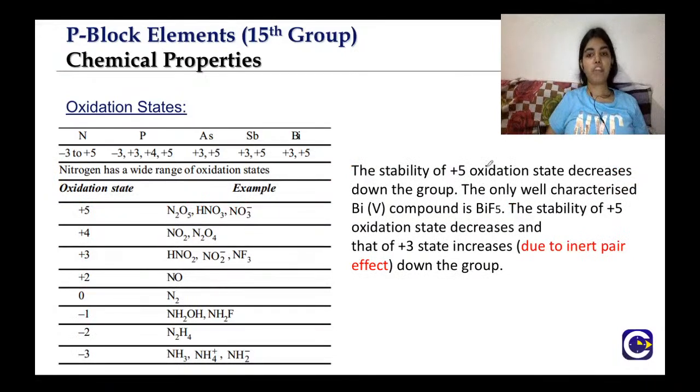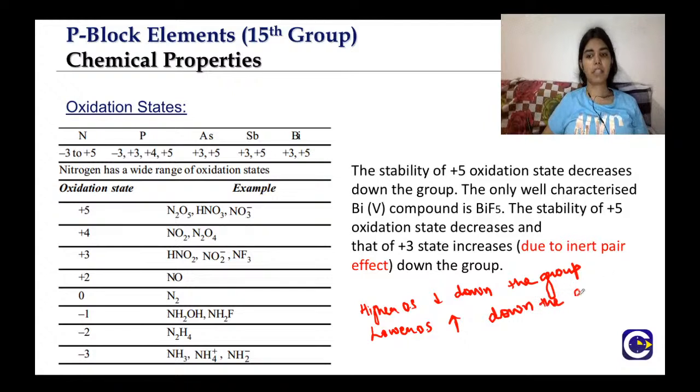Coming on to stability of +5 oxidation state, I have already told you that due to the inert pair effect, the higher oxidation state stability decreases down the group, whereas the lower oxidation state stability increases down the group.